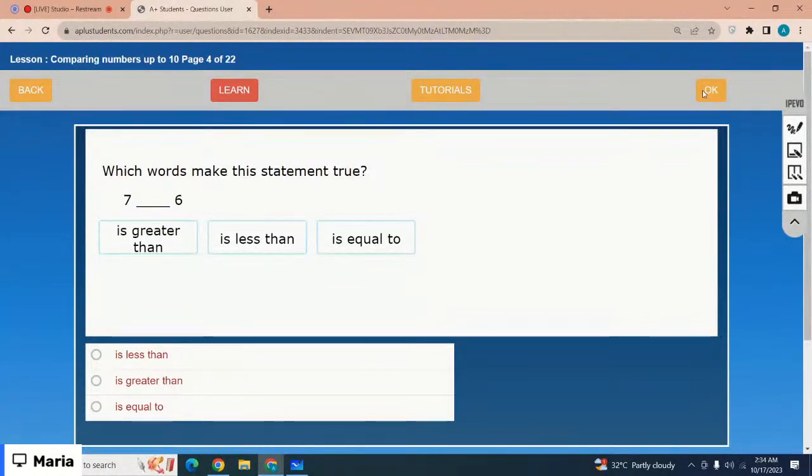Which words make the statement true? 7 and 6. Which is the correct option?